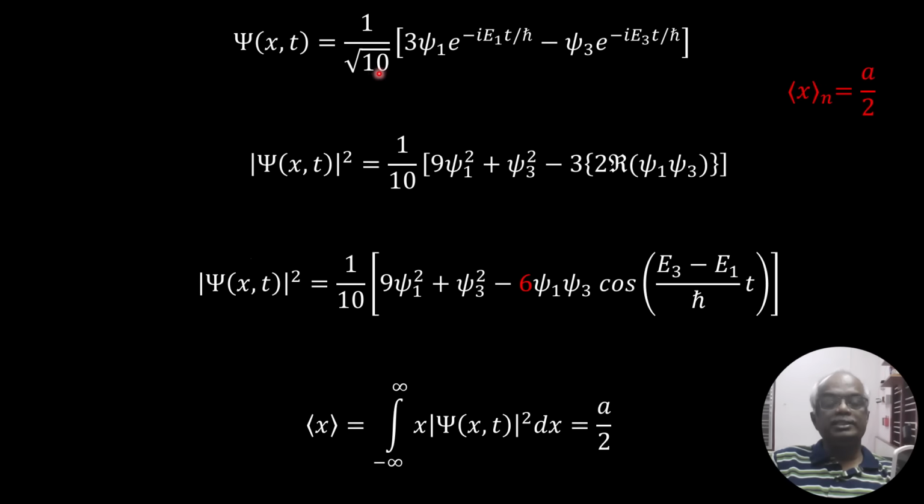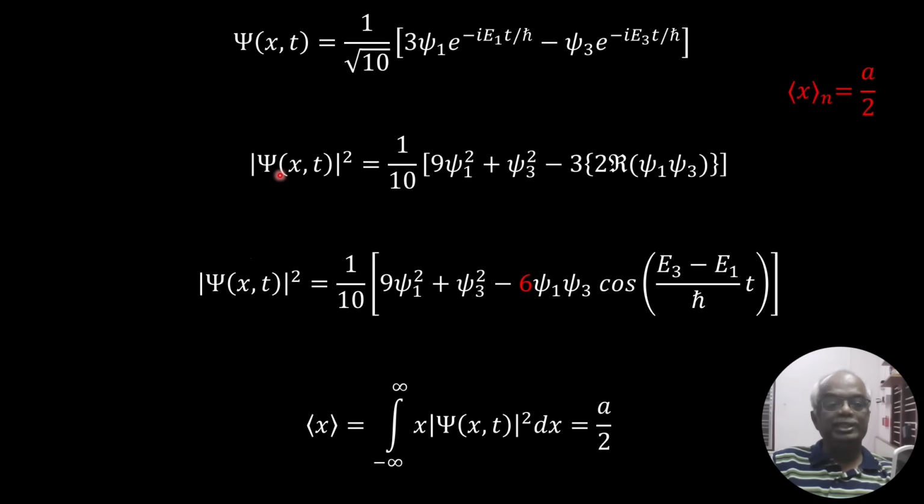So we got this expression: the time dependent wave function is equal to 1 over square root 10 multiplied by 3 psi 1 e power minus i E1 t over h cross minus psi 3 e power minus i E3 t over h cross.